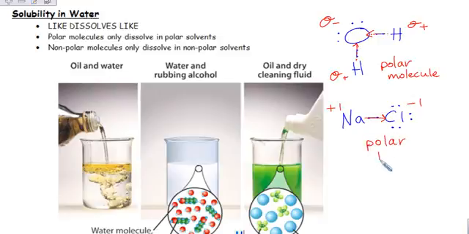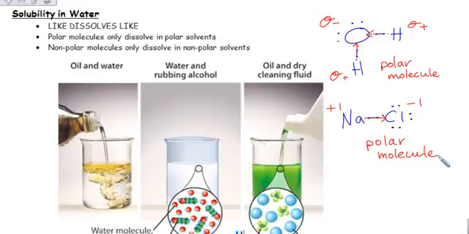This is definitely a polar molecule. Ionic compounds often dissolve in water very well because the sodium, which is positive, will be attracted to the negative oxygen end of the water molecule, and the negative chlorine will be attracted to the positive hydrogen end of the water molecule. Those attractive charges and forces will help these particles interact and dissolve.